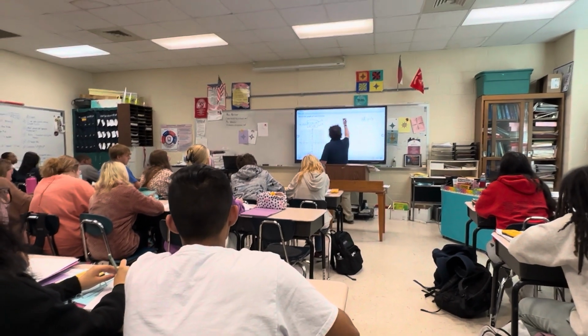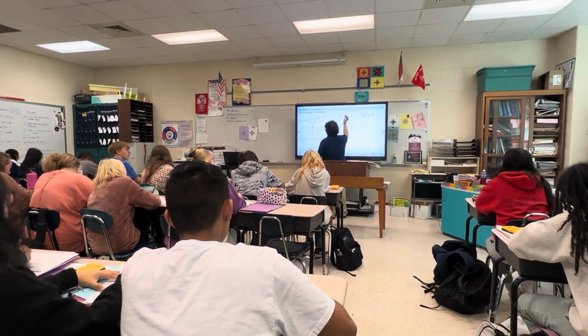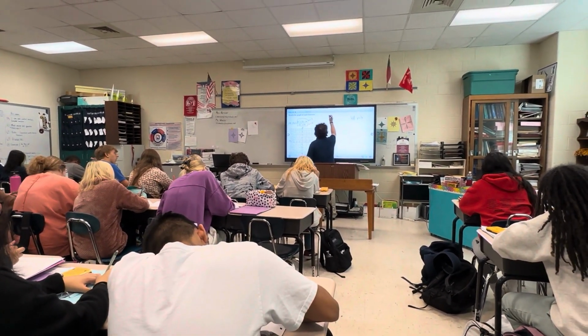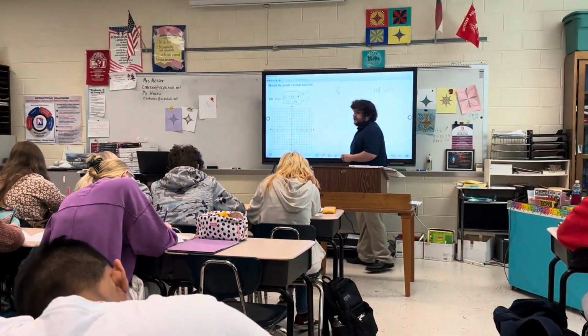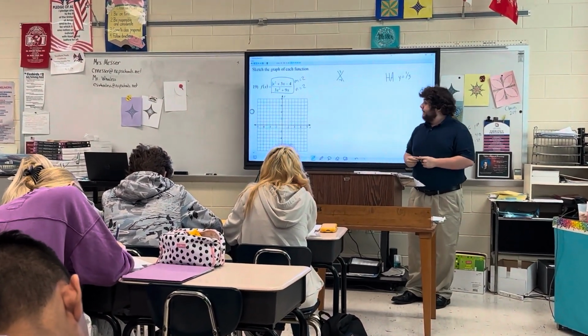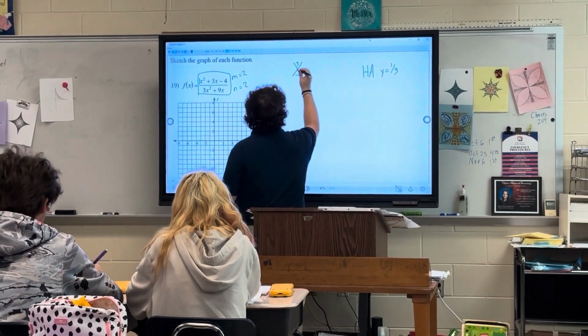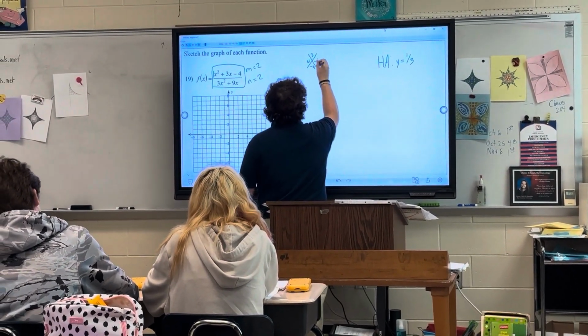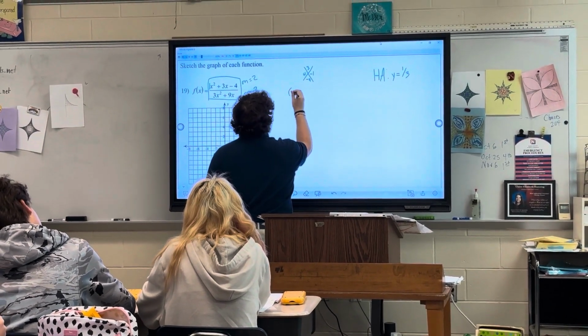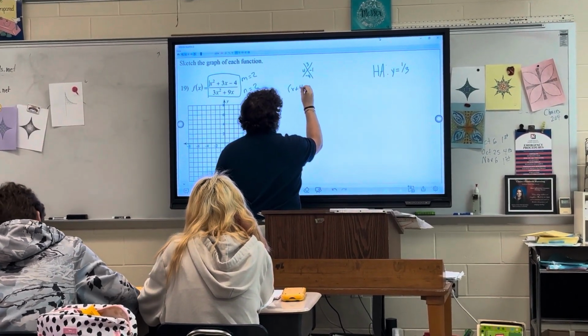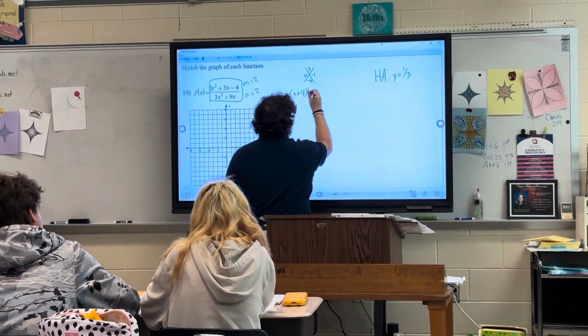X method, because it's a trinomial. So go and use X method. We have -4 in the bottom, 3 in the top. What can we use? 4 and -1. That means we're going to have x plus 4, x minus 1.